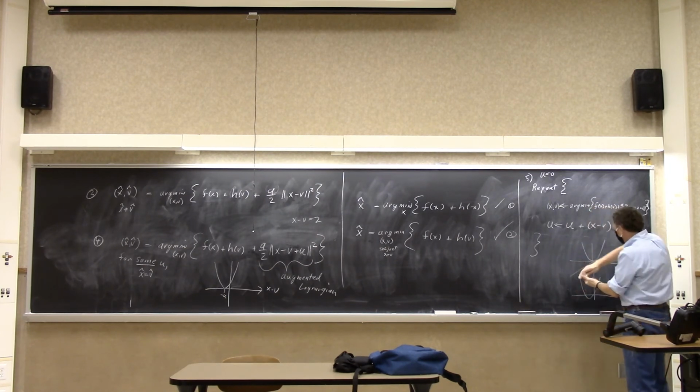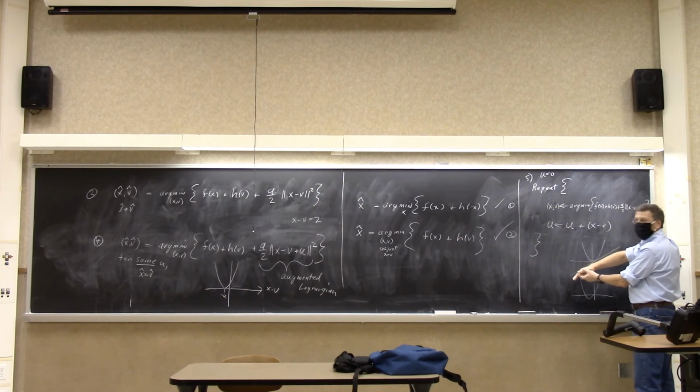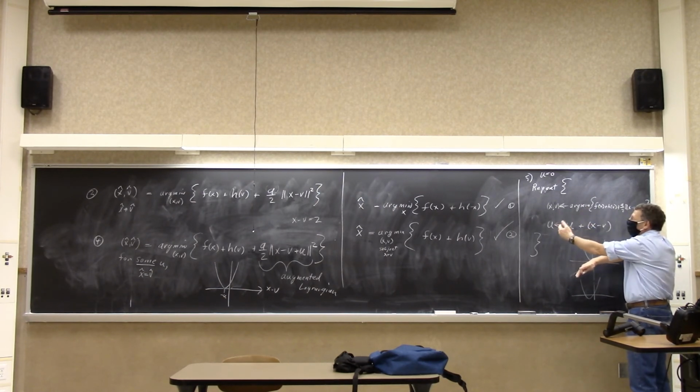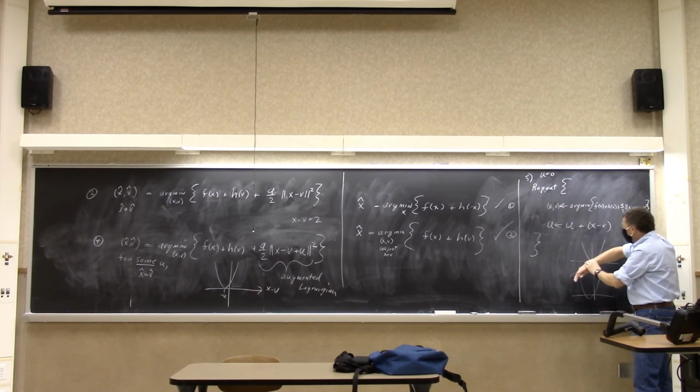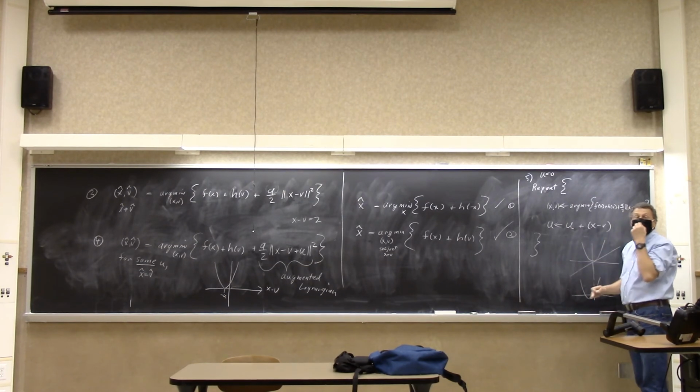So the tilt of this plane, you adjust. You don't start from 0. Whatever tilt, you solve the problem, you got an x and a v based upon the u you had, and now you adjust the u. You don't start from scratch. Did I explain that? I'm not sure it was the clearest, honestly.